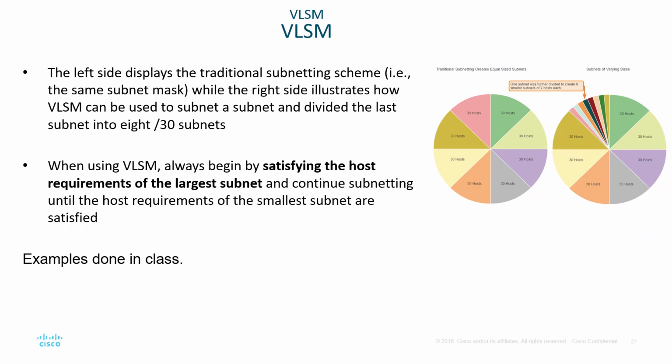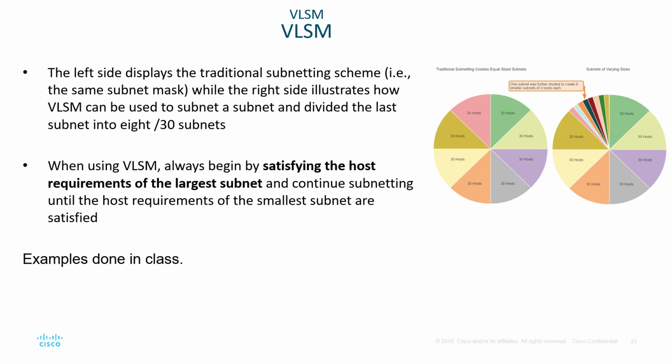With variable length subnet masking, it means subnet masks will change according to organizational needs. I can do my first traditional subnetting of all 30s and then take one of those 30s and subnet it again.